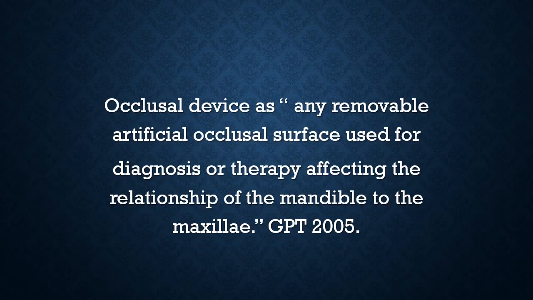Well, there are many definitions of occlusal device, but it could be defined as any removable artificial occlusal surface used for diagnosis or therapy affecting the relationship of the mandible to the maxilla.